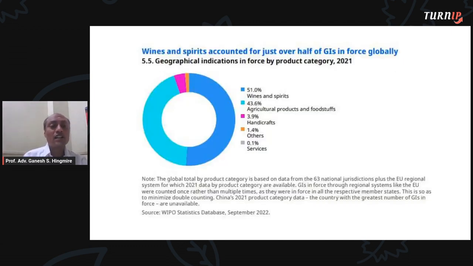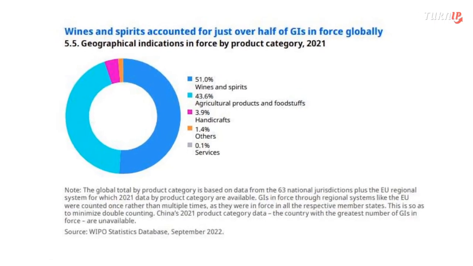Here is the GI registration division on the European Union side, where more than 51% of GIs registered in Europe are basically wine and spirits. What I mentioned about champagne and Scotch whiskies are examples of those registered GIs. Then 41% of the European Union's GI registered products are agricultural products.